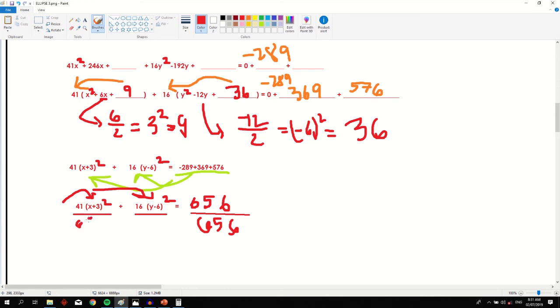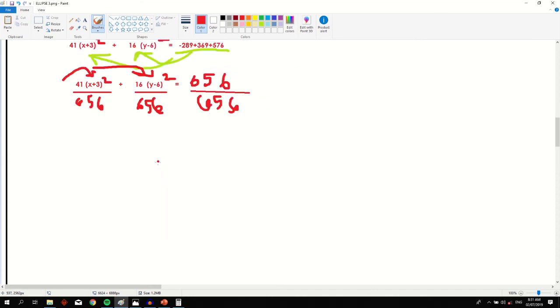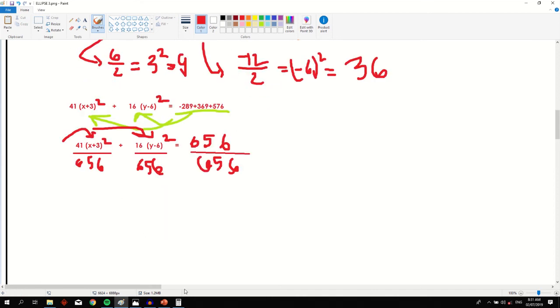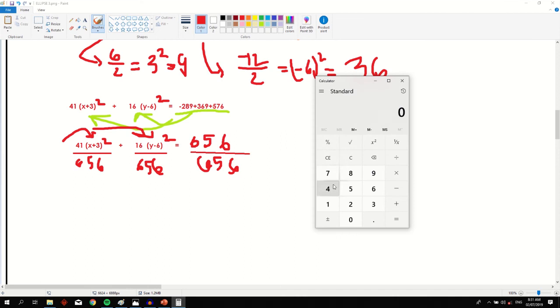So 656 and 656. If we do that, we'll have 41 divided by 656. It's not ideal, so I'll divide it a different way. So 656 divided by 41 is equal to 16.